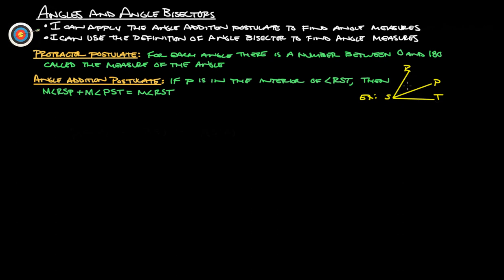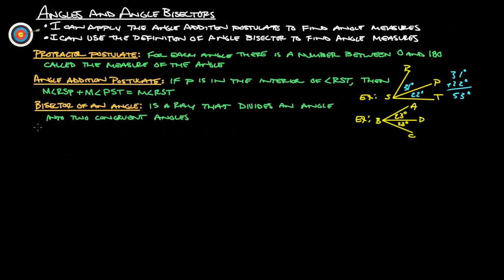For example, let's say this was 31 degrees and this is 22 degrees. Then angle RST would be 31 plus 22, which is 53 degrees. Okay?